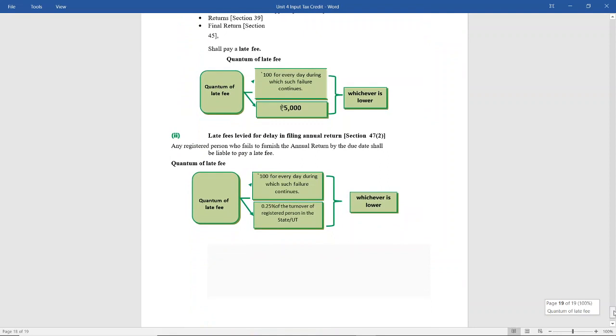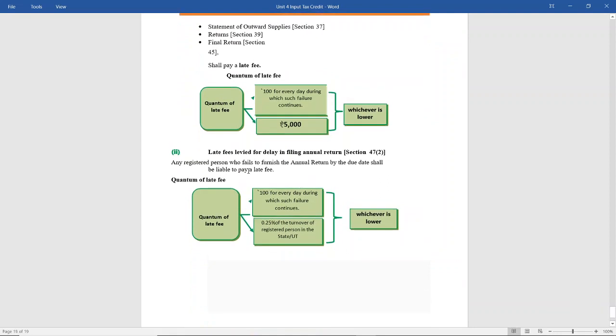Next, late fee for delay in filing the annual return. So if annual return is to be filed by 30th December of the next financial year, and you are making any delay in filing it, then what is the late fee you will be charged? Rupees 100 every day during which the failure continues, or 0.5% of the turnover of the registered person in that particular state or union territory, whichever is lower.